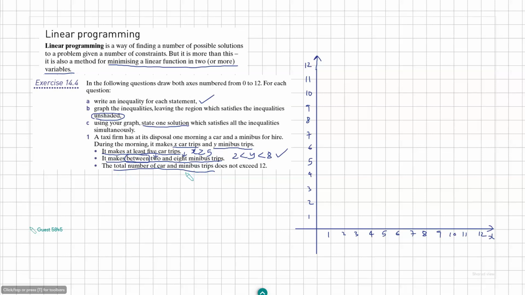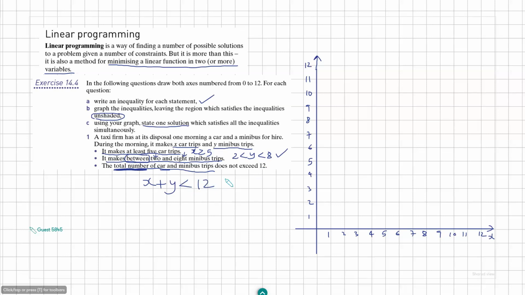Total number of car and minibus trips means X plus Y. Does not exceed 12, so it's less than 12, right?